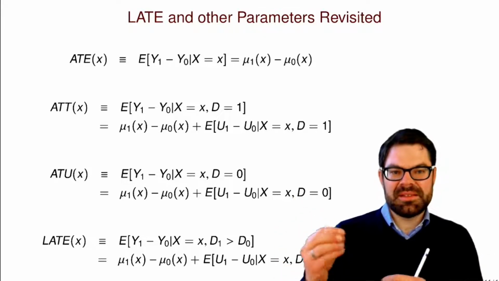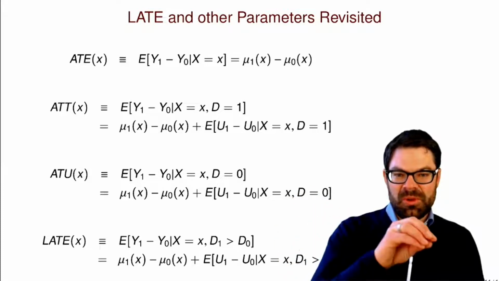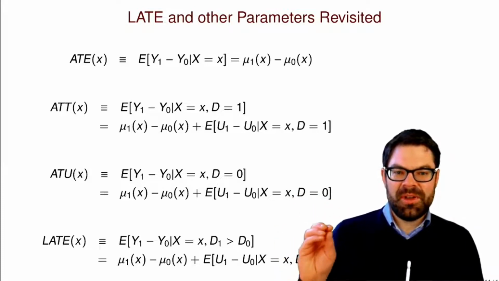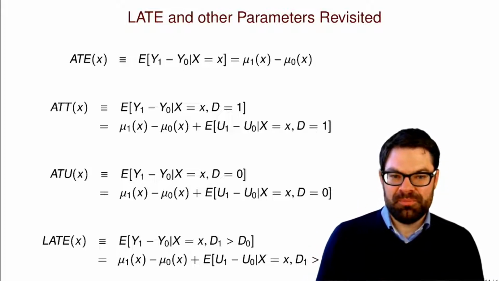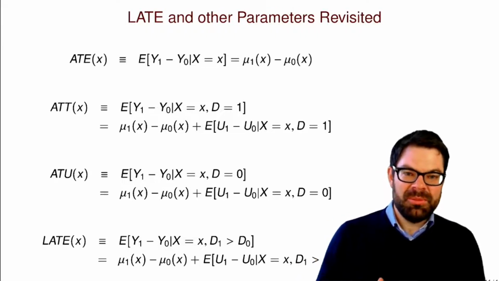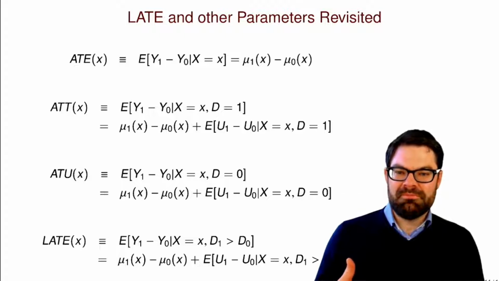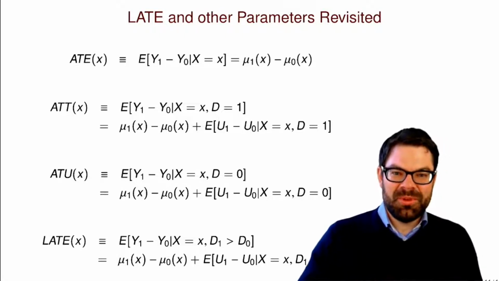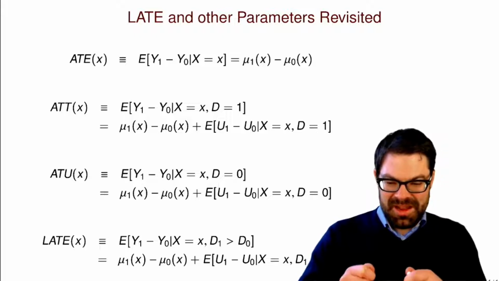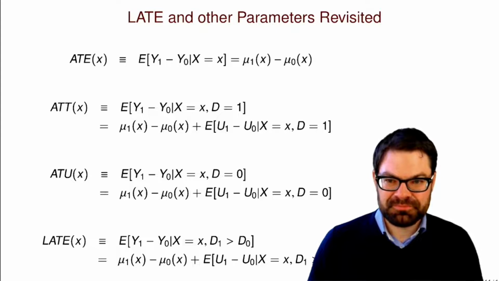Or in this case, the average treatment effect is the average across all the treatment effects of everyone whose x variable is at a given value. Okay, so think about x as being male or female, and then the average treatment effect for men is the average across all the treatment effects for men.